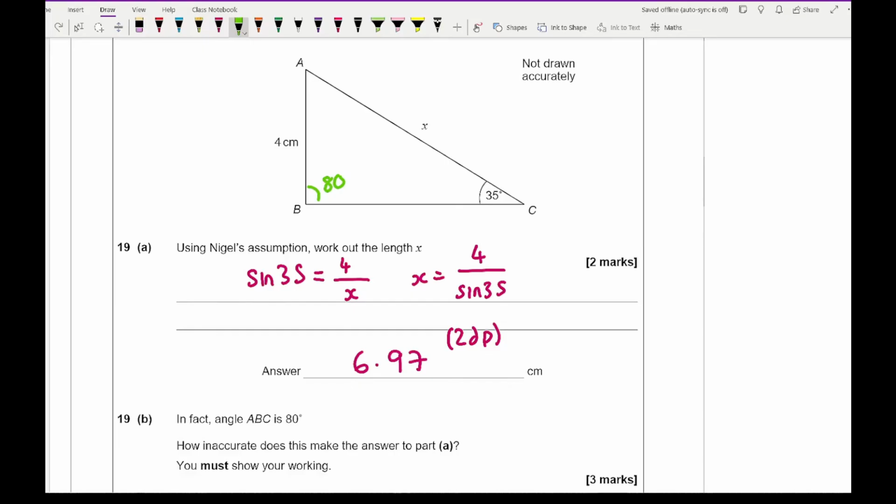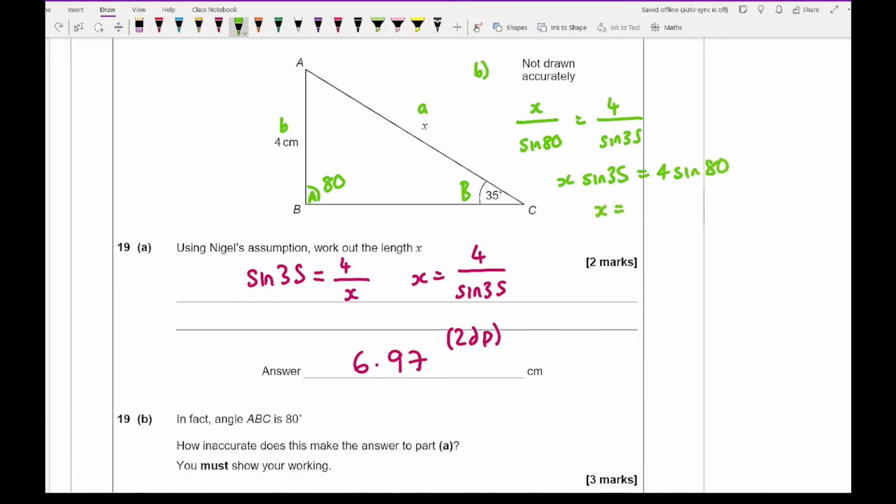So this is going to be little a, this is going to be capital A, this is going to be B, and that's going to be capital B. So here I've got x, if I just write B here, so x over sine 80 equals 4 over sine 35. Cross multiply, get x sine 35 equals 4 sine 80.